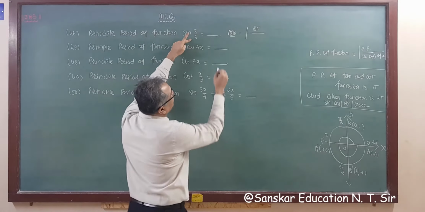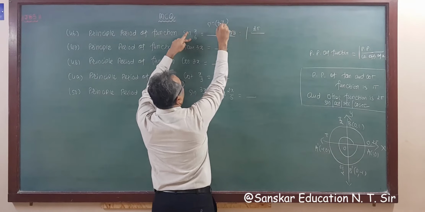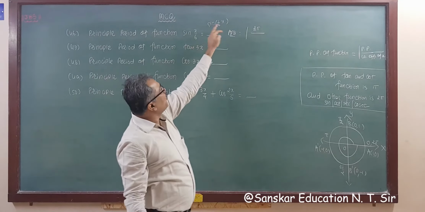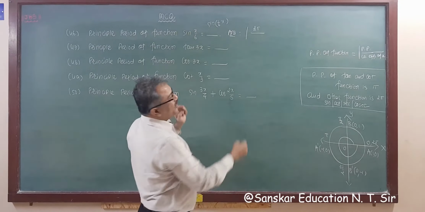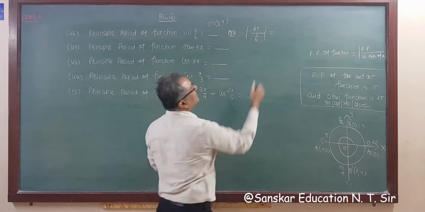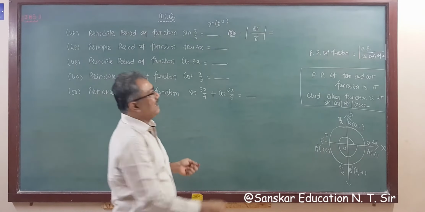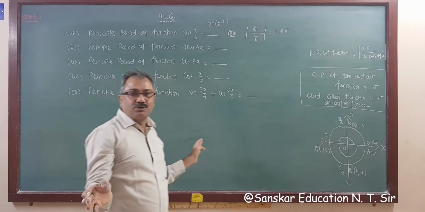This can be written as sine of 1 upon 6 into x, if you want to write this. That means the coefficient of x is 1 upon 6. So the answer is 2 pi divided by 1 upon 6, which is 12 pi. So simple, nothing to do, right?